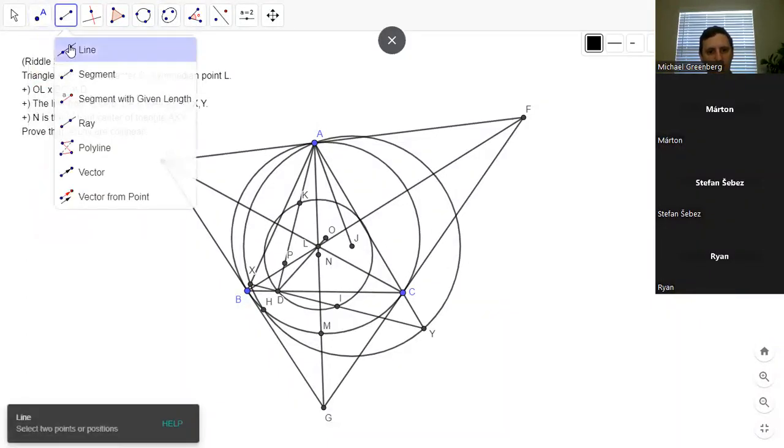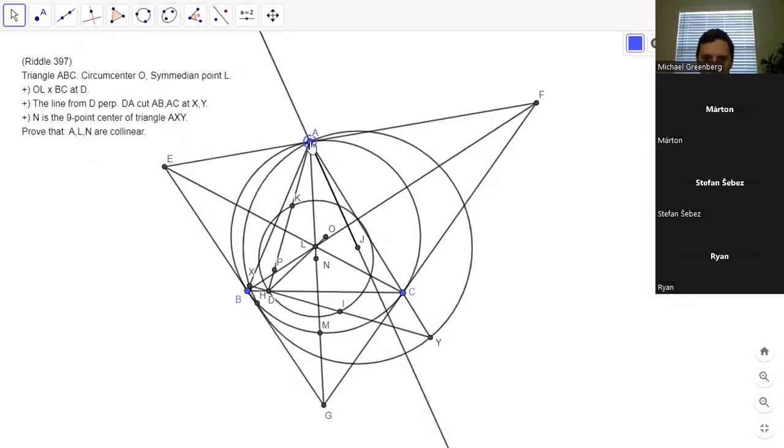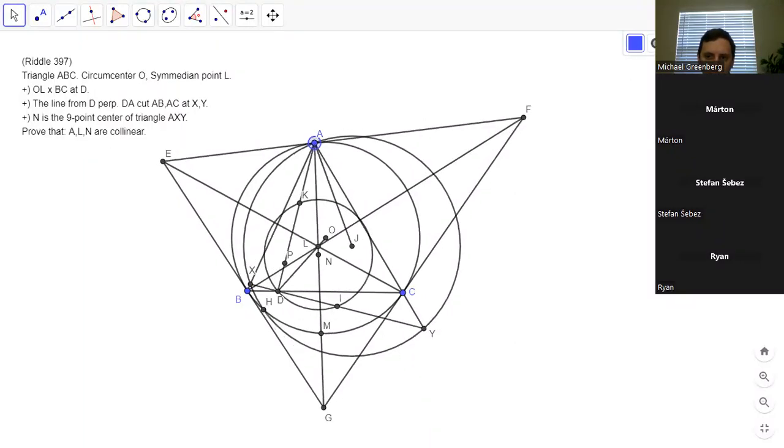Yeah, what if we let AJ? I wonder. I don't think these concur. But maybe we can still say something else about AJ. If I draw this circle, we want to show this is a median.